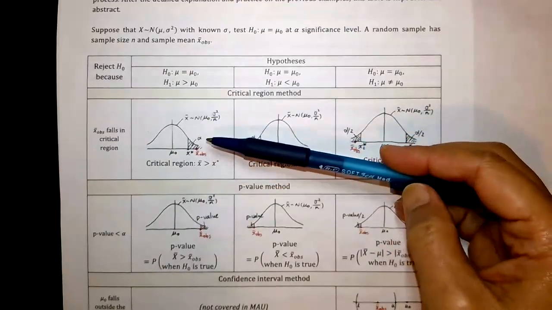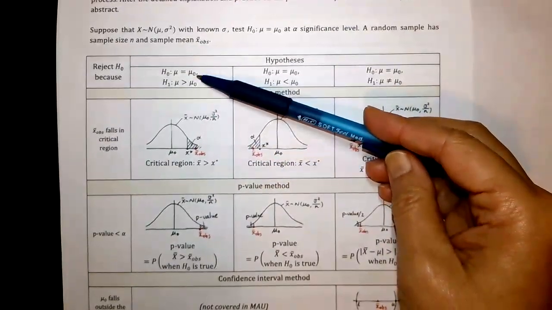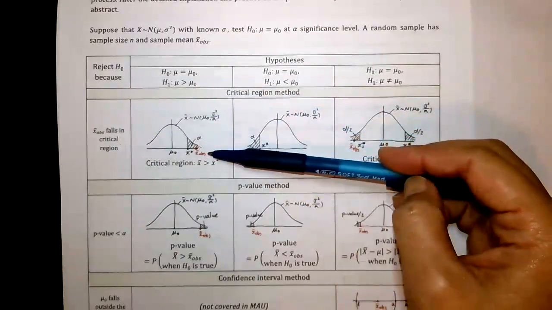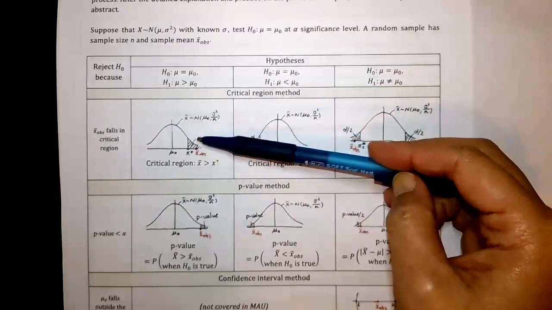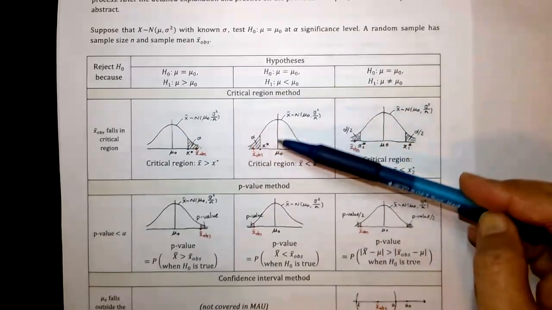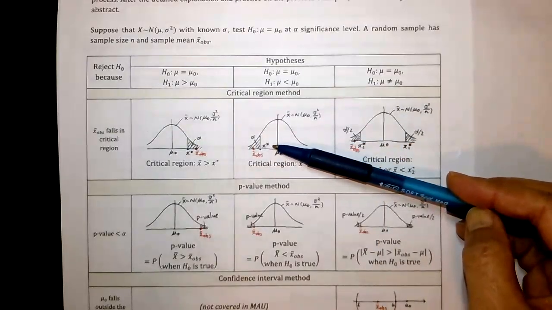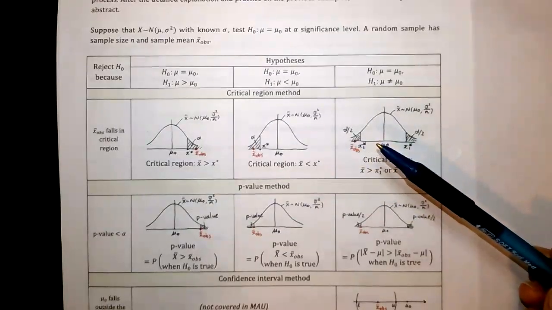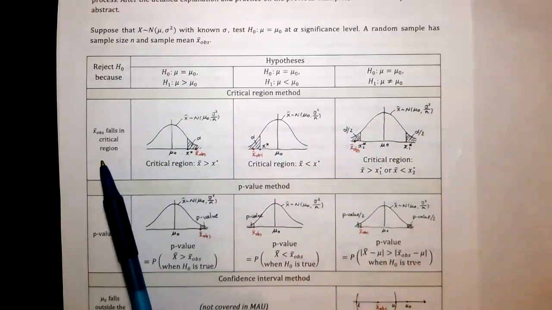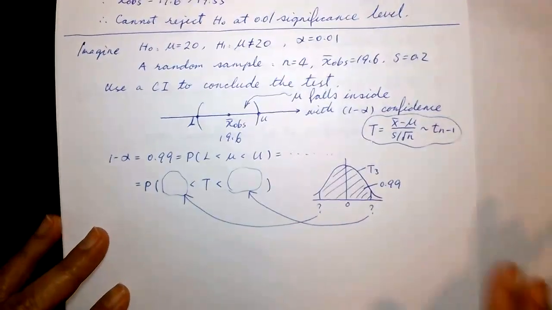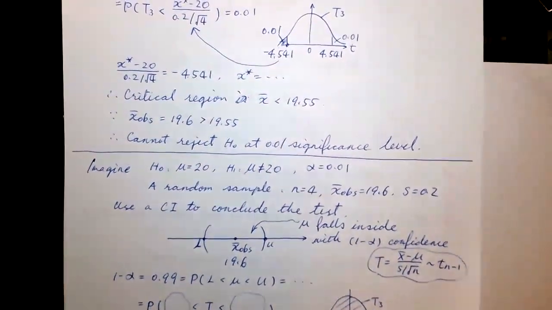The book exercises will not give you all the figures, so make sure, for example, if you are doing this test, what you draw for the critical region method should look like this. You should have a right tail. If you draw a left tail in your solutions, that would be wrong. So use this table to double check. You have to understand the method in order to shade the correct side.